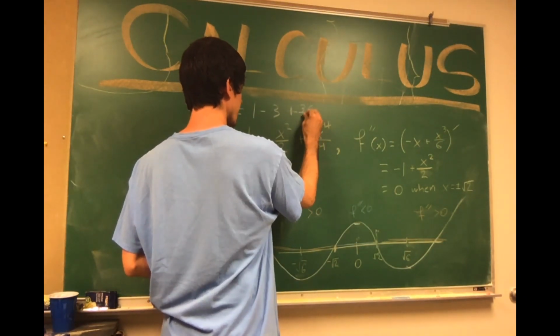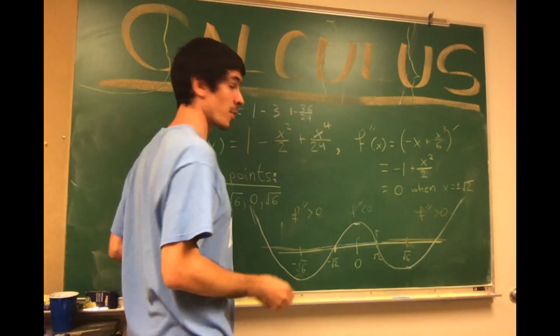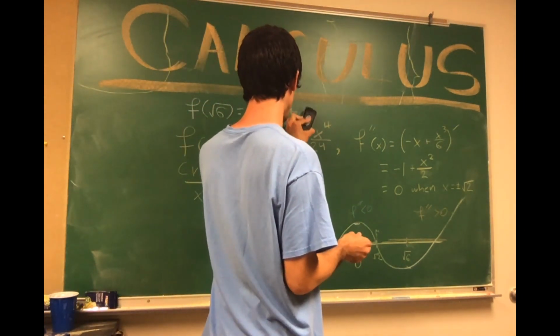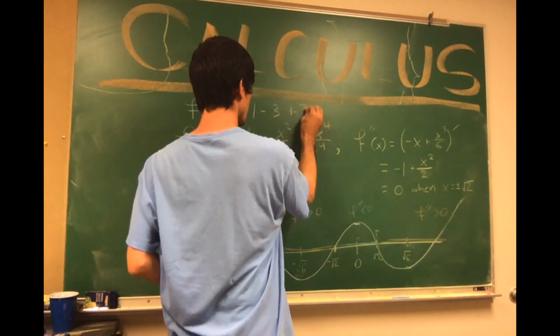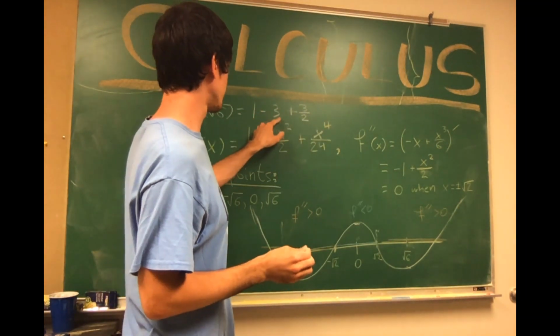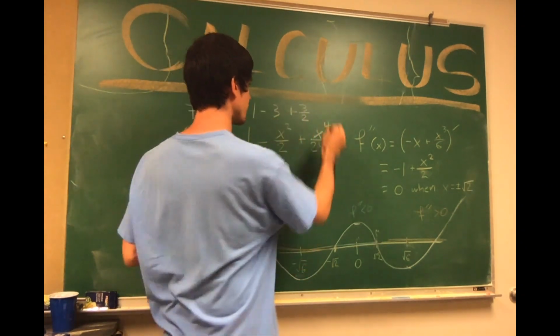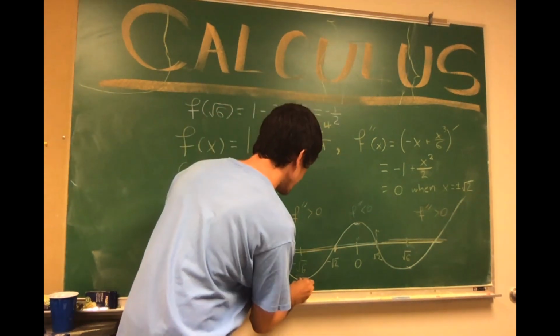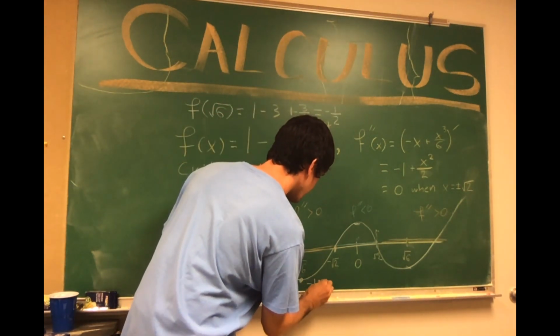Of course, 36 over 24, divide both by 12, you get 3 halves. So this in total is going to be negative 2 plus 3 halves, which is just going to be negative 1 half. And so this value down here is negative 1 half.